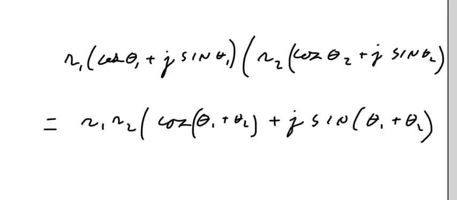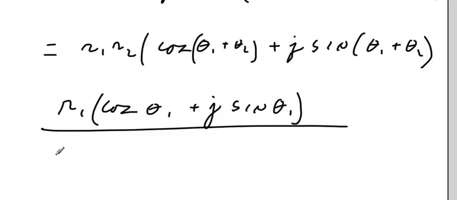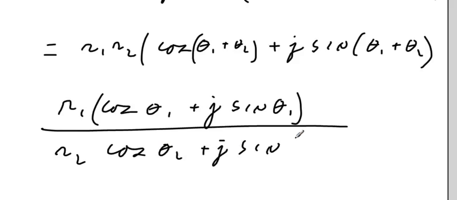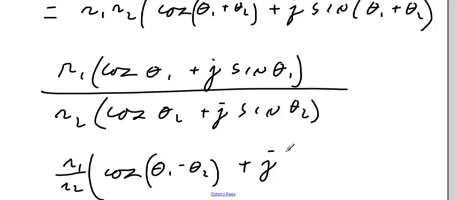And guess what happens if I divide? r1 cosine theta 1 plus j sine theta 1 divided by r2 cosine theta 2 plus j sine theta 2, and I end up with r1 divided by r2 cosine (theta 1 minus theta 2) plus j sine (theta 1 minus theta 2). And now we're consistent in what we're doing.